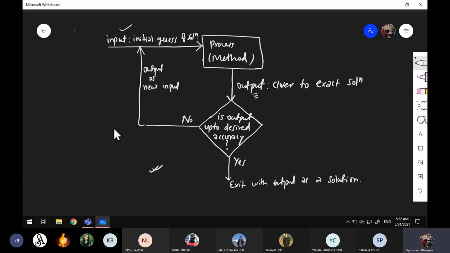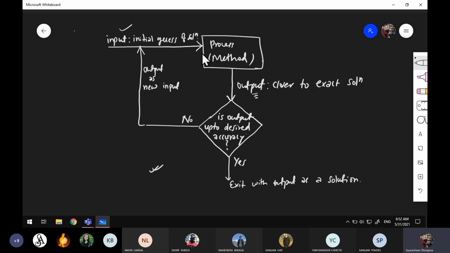The initial guess in every problem is not similar. What I mean is, in some cases, if you make the initial guess haphazardly, randomly, then after going through the process, you will get output which is farther from the exact solution.